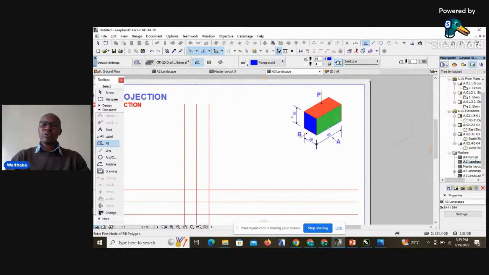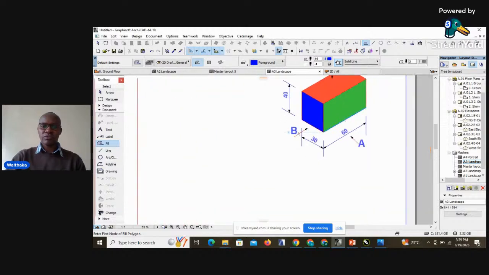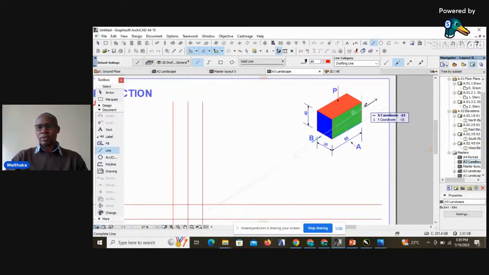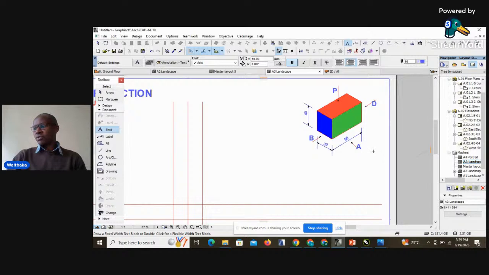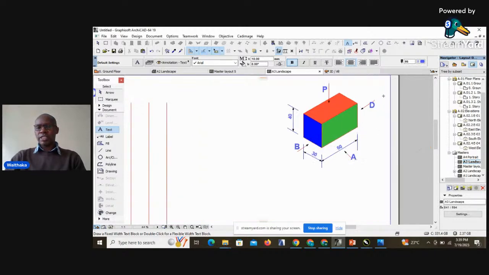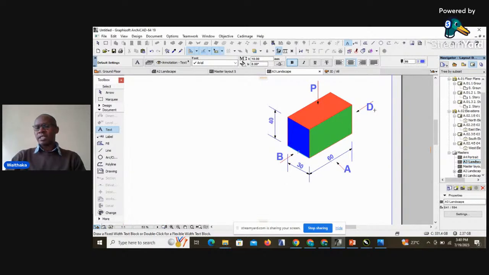Assuming that we are also supposed to project another end view from D, or the opposite of B, the end view from this side is basically to the right hand side of our view, and therefore in first angle projection we will project it to the left.